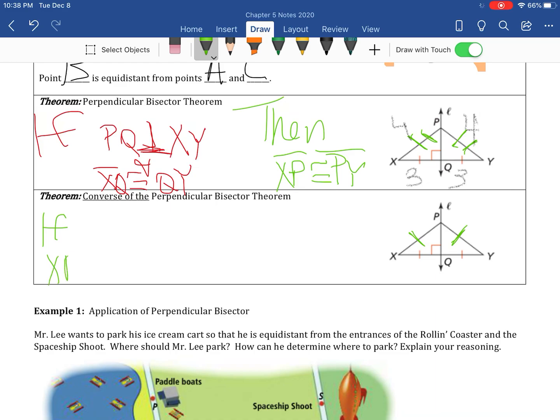So again, if XP is congruent to YP, then we can conclude basically everything that was up in red on the beginning.